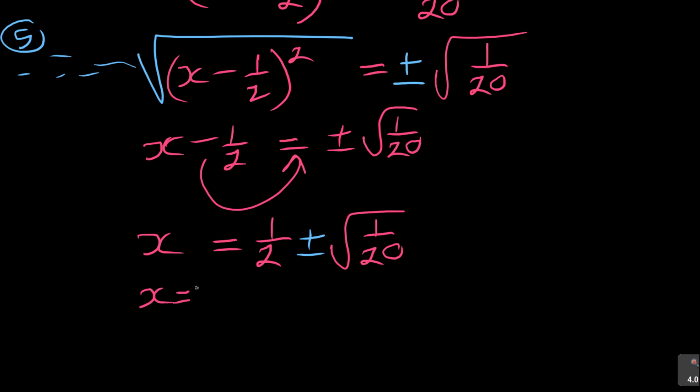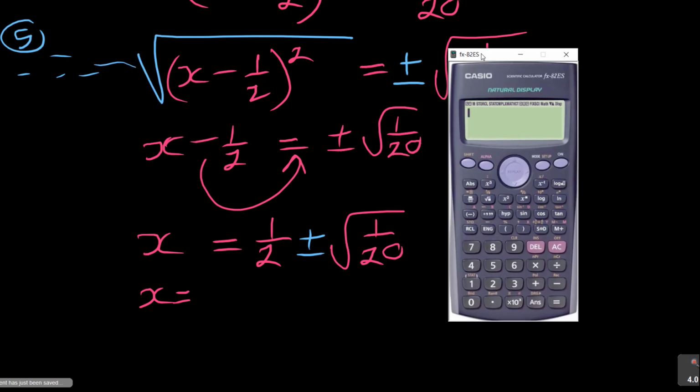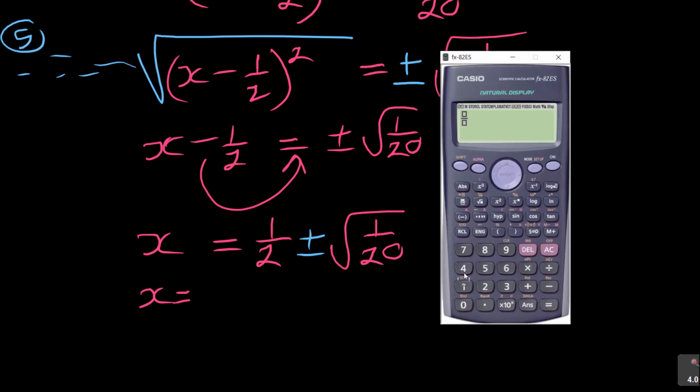Let's check if these answers are matching the ones that we did. So we've got 1 over 2. Let's start with the plus square root of 1 over 20. That gives 0.72. Let me go back.